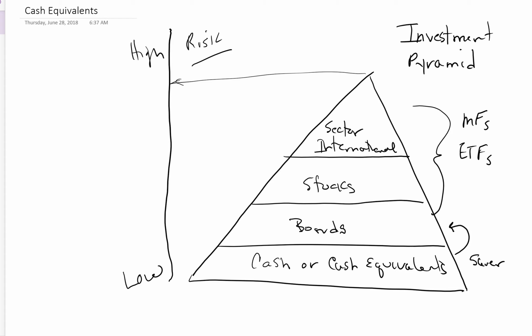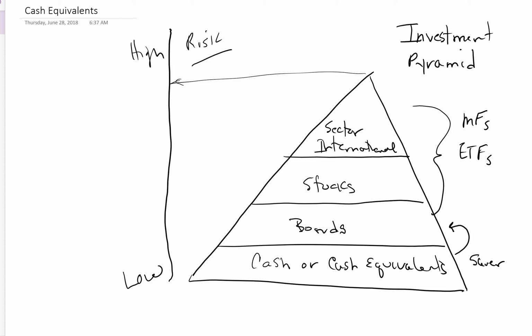We want to grow the asset side of our balance sheet by making good choices, saving and investing. If you are willing to accept a bit more risk, you can add bonds to your portfolio, even more, stocks, and then finally up here in sector, international, or other things that we don't understand. This might be also investing in currency.